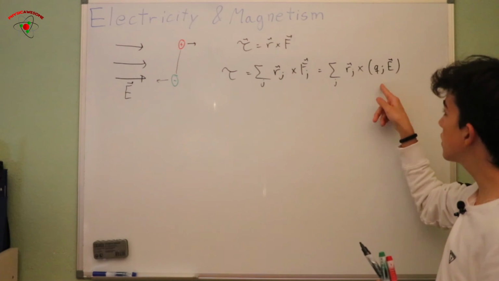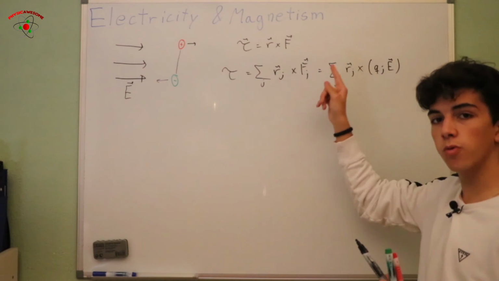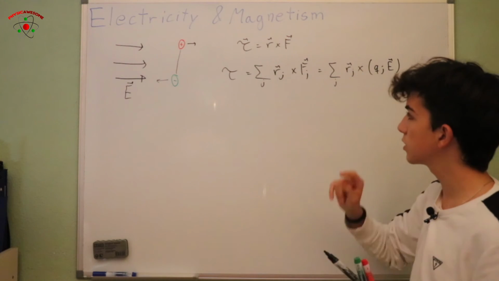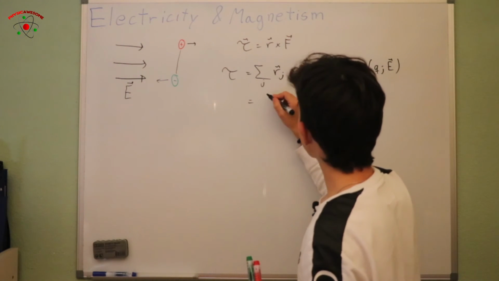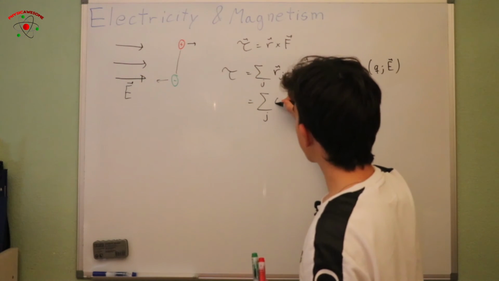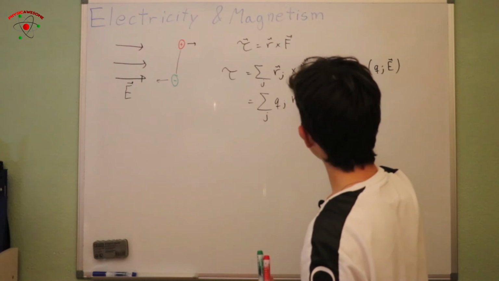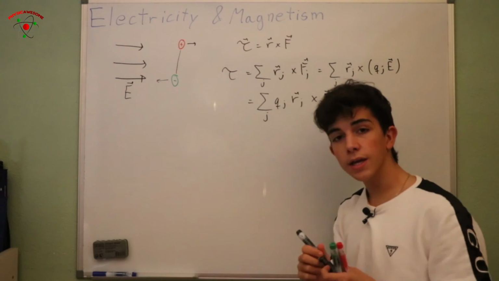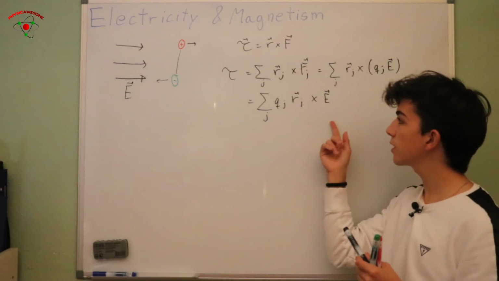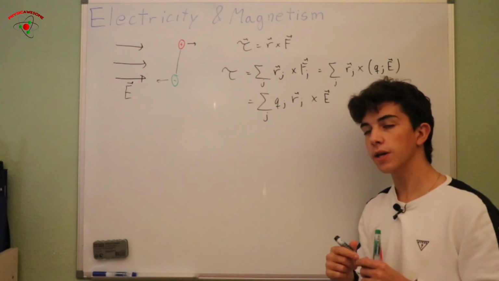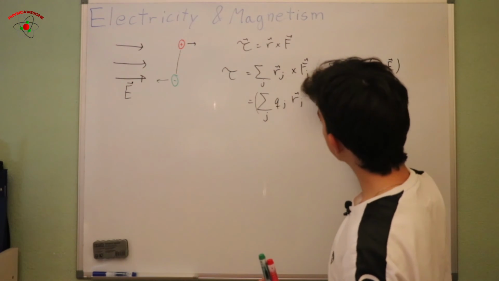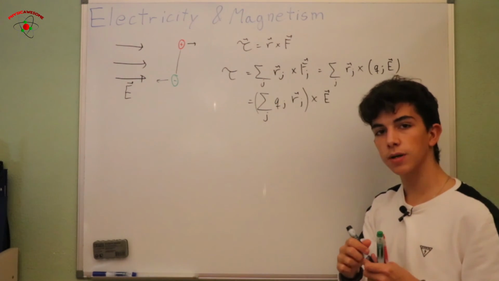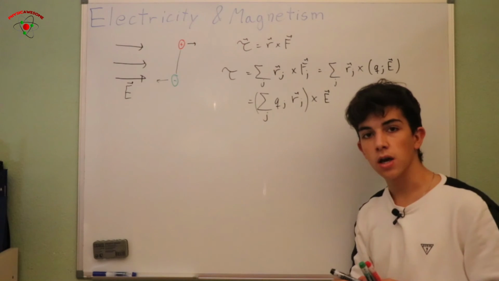Now, as q_j is not a vector, it can go through the cross product and get to this side. And we get that this is the sum over j of q_j times r_j cross E. However, the electric field doesn't depend on the index j, so we can take the common factor E out of the sum.